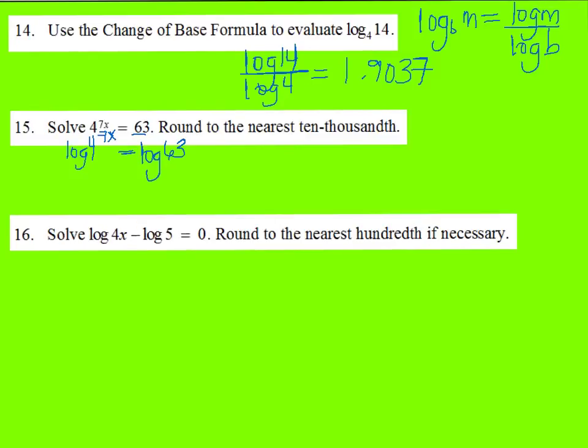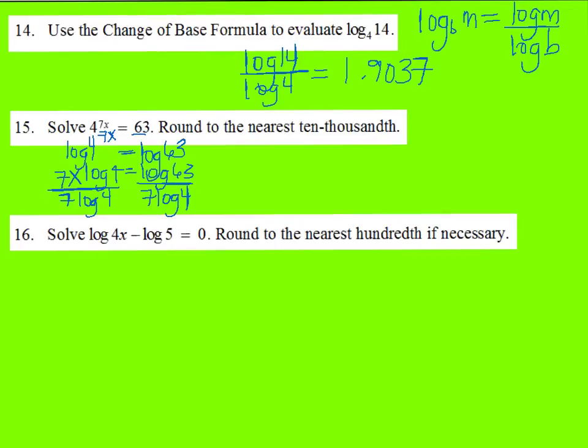Alright, then using my rule of powers for logarithms, 7x comes to the front. It becomes 7x log of 4 is equal to log 63. And solving for x, I'm going to divide both sides by 7 log 4.